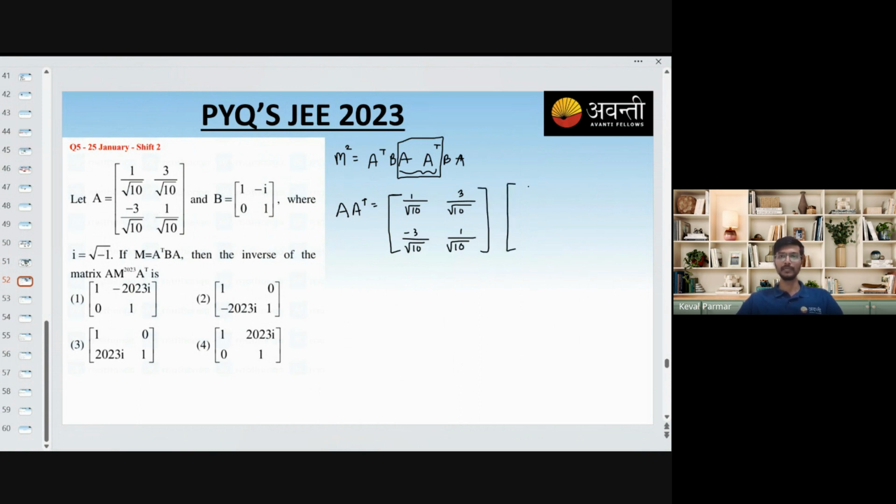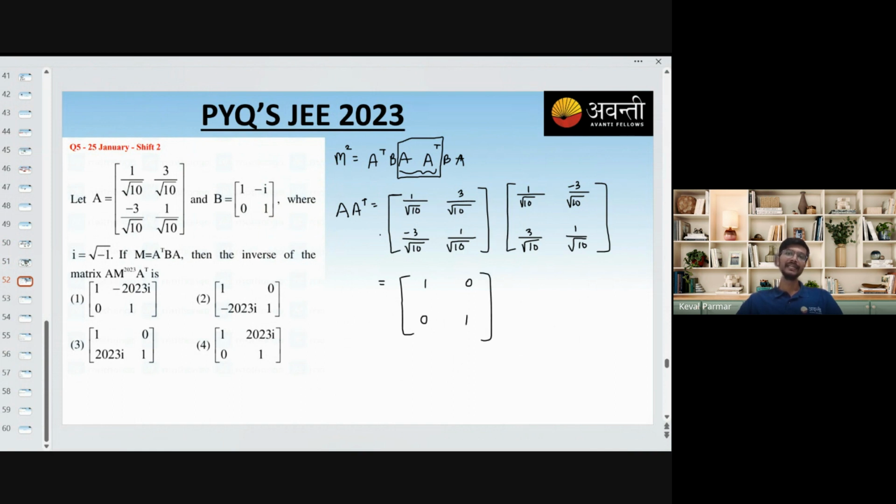So it will be 1 by root 10 into 3 by root 10, minus 3 by root 10, 1 by root 10. If we multiply this, we'll get 1 by 10 plus 9 by 10, which is 1, minus 3 by 10 plus 3 by 10, which is 0, minus 3 by 10 plus 3 by 10, 0, 9 by 10 plus 1 by 10, 1.